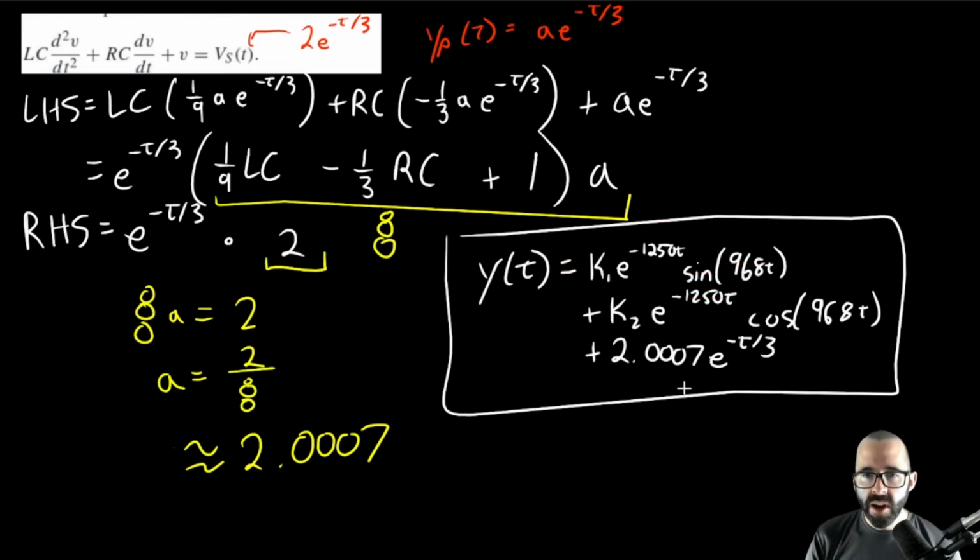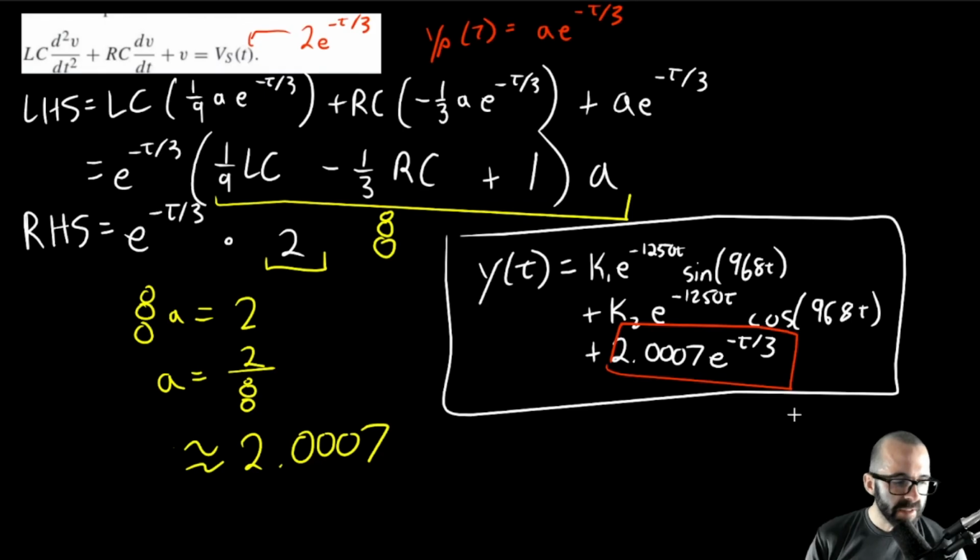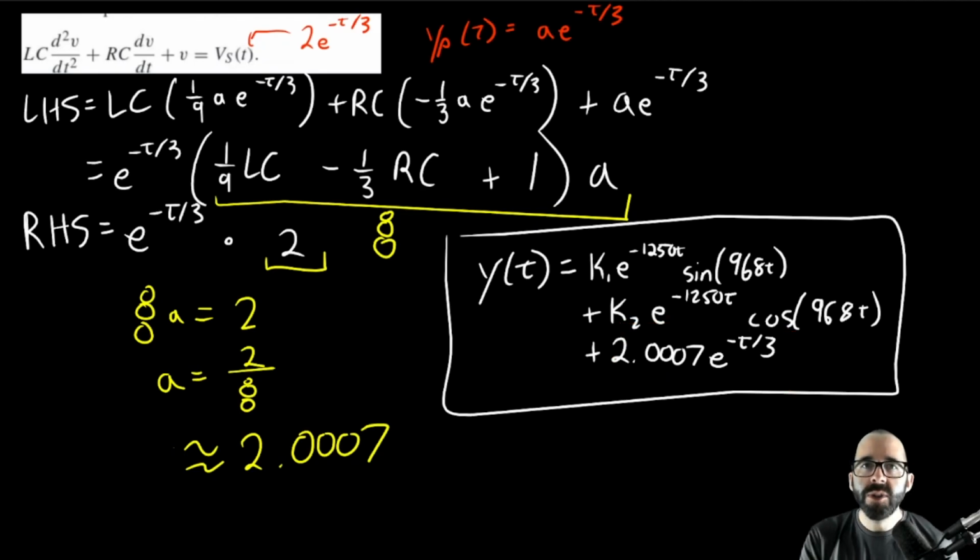And we know that the long-term behavior is going to be that forced response. The natural response decays quite quickly. All general solutions, I don't care what your initial condition is. I do not care what your initial condition is. I don't care about how much electricity you had in the system.